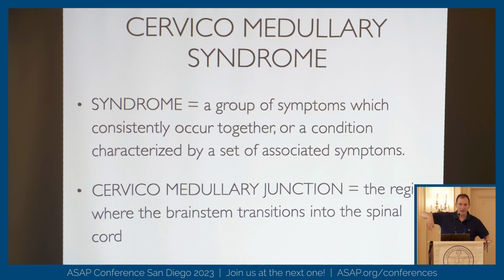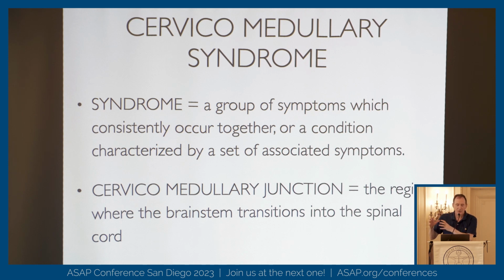So remember all the cables passing by, all those centers inside the brainstem. So cervical medullary syndrome means this. Syndrome is a collection of signs and symptoms. Sign is something that everybody sees, like I cannot move my arm. Symptom is something I feel. Oh, I have a headache. What if you don't? Okay? But that's a collection, syndrome.